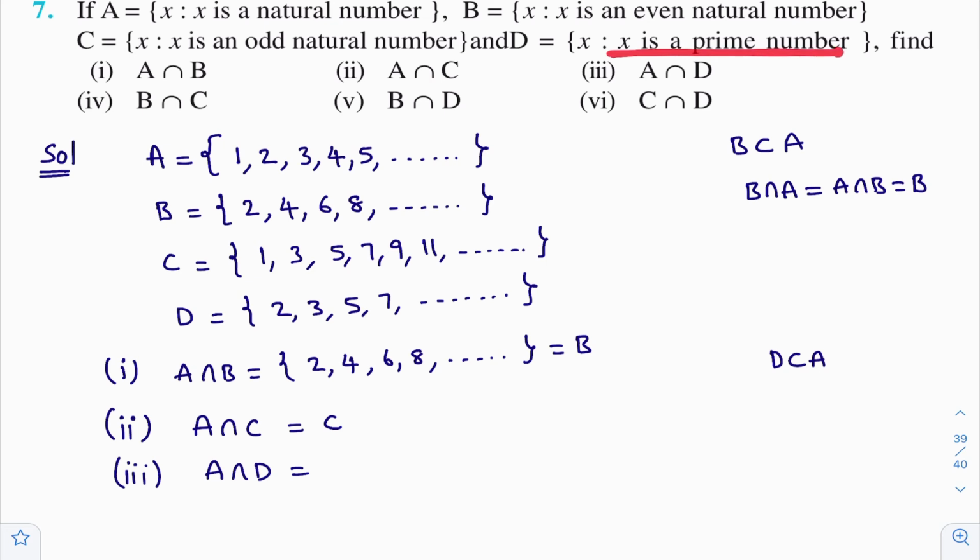Is that clear or not clear? When D is a subset of A, when we do their intersection, A intersection D, the smaller set will come. The smaller set is what? D. So A intersection D is D. I hope you are understanding.